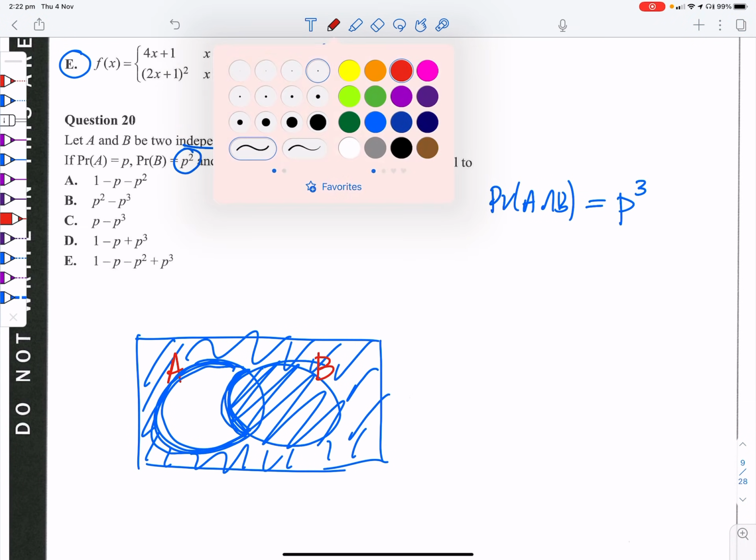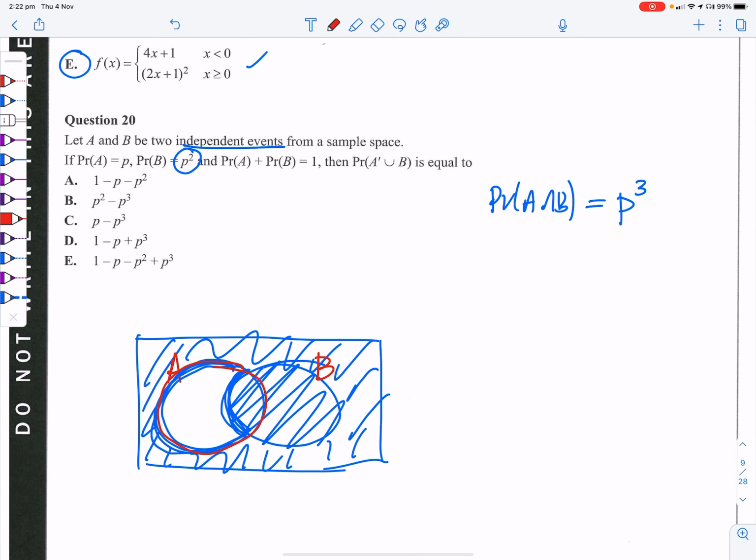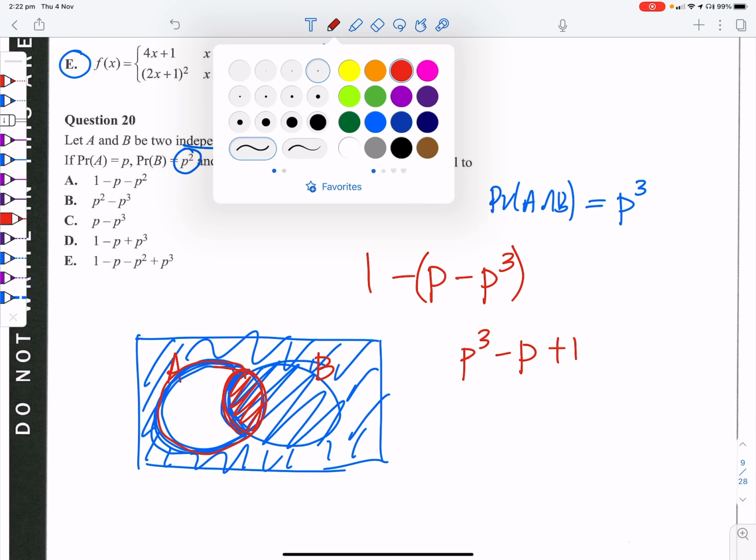So we know that whole thing is P. So this bit here is P minus P cubed, because we know in there is P cubed. So it's 1 minus that, which is P cubed minus P plus 1. So it's D.